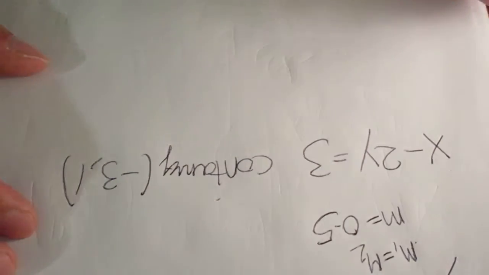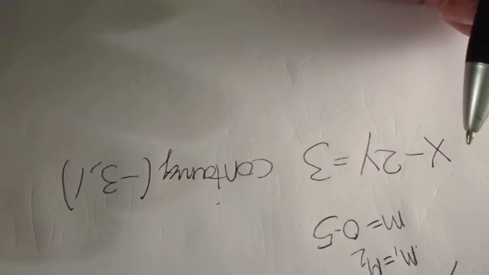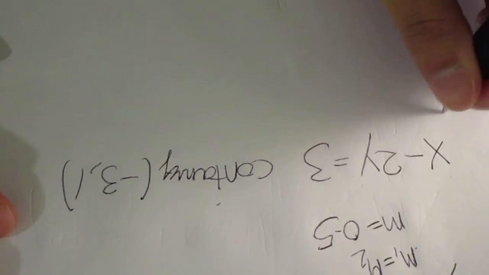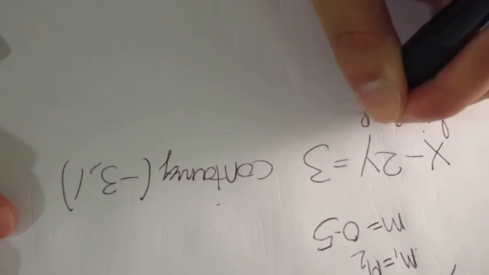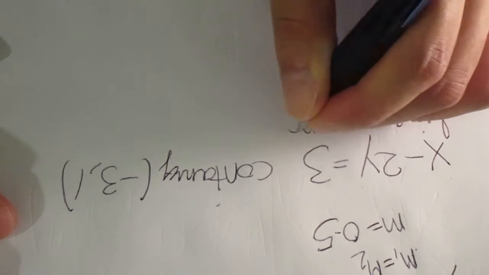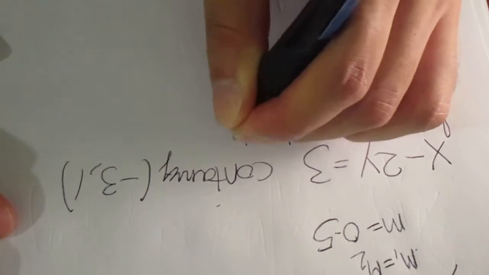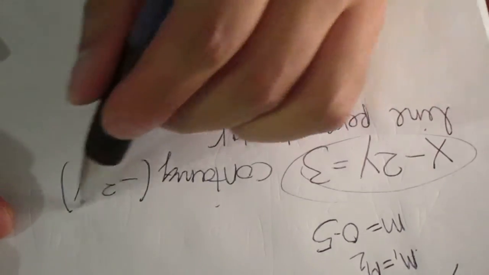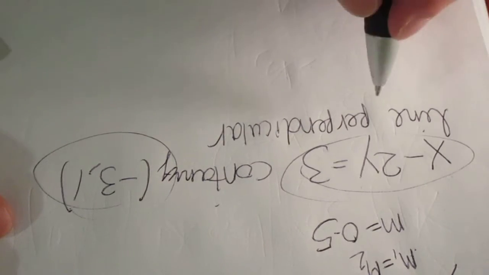So we want an equation that is perpendicular. Yeah, they want a line that's perpendicular. Okay, so they're given this and it contains this point. So we want a line that's perpendicular.